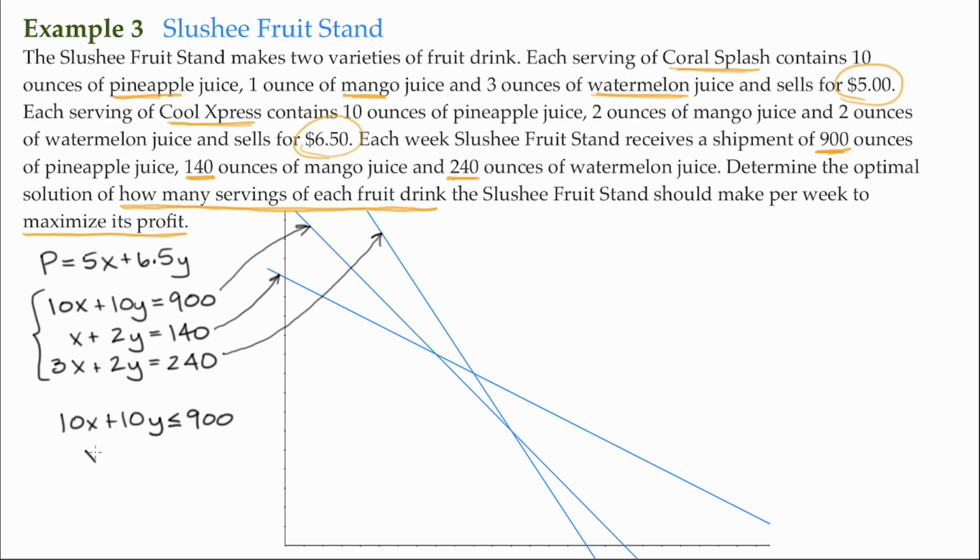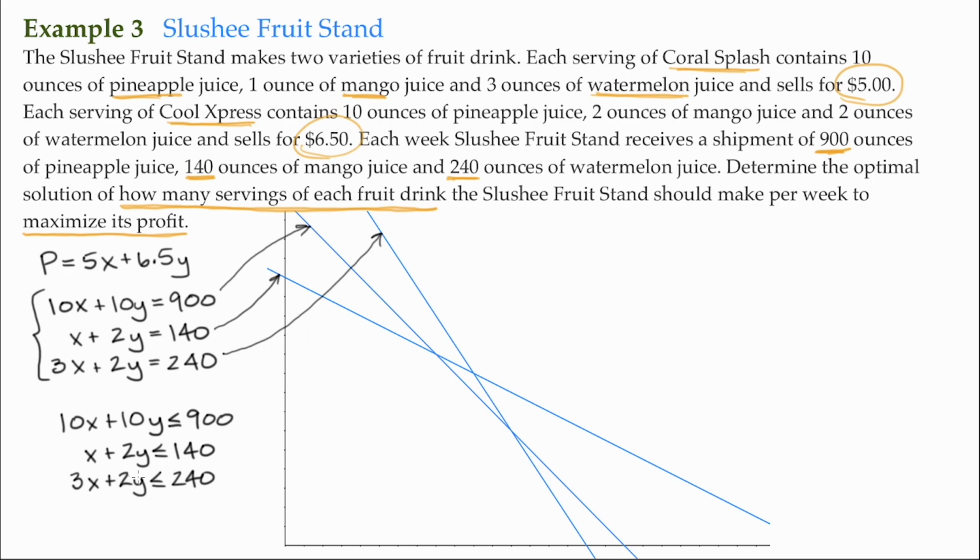Then x plus 2y less than or equal to the 140 ounces of the mango juice. We can't go over that. And then 3x plus 2y less than or equal to the 240 ounces of the watermelon juice. We can't go over that.